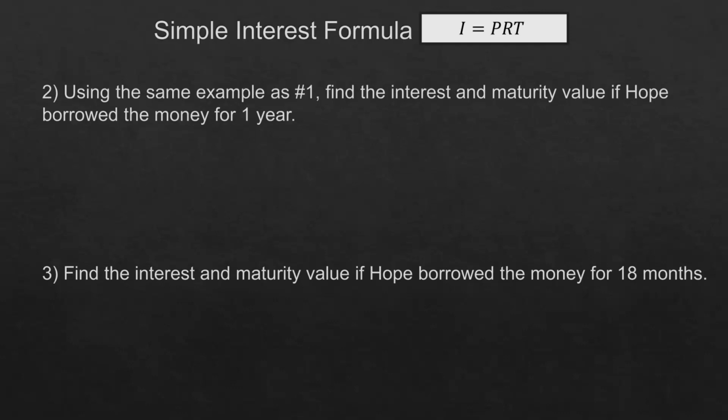Now we're going back to that same example from number 1. What happens to the interest and maturity value if Hope borrowed the money for 1 year? So we're going to calculate the interest if she borrows for 1 year versus 8 months. As you might expect, this is going to be a little bit more interest because it's for 1 year.